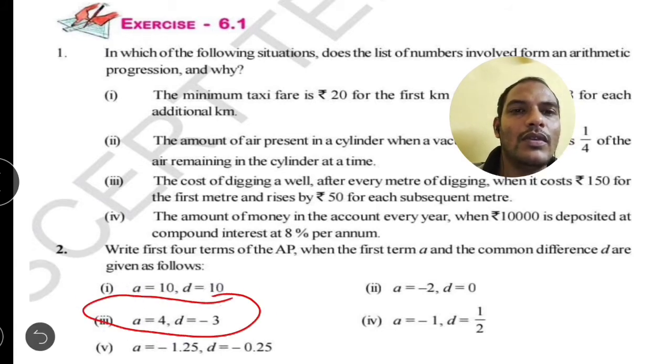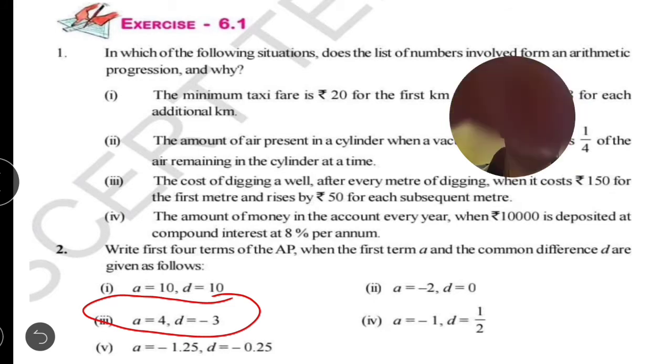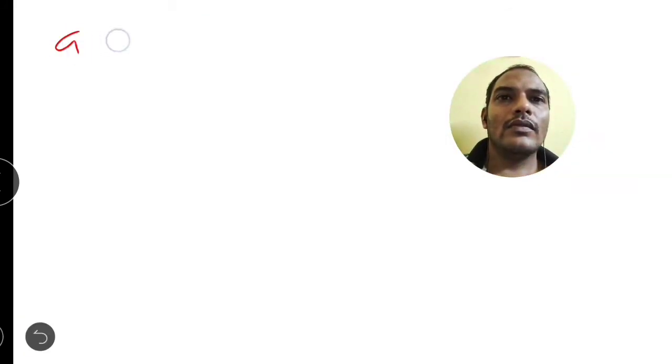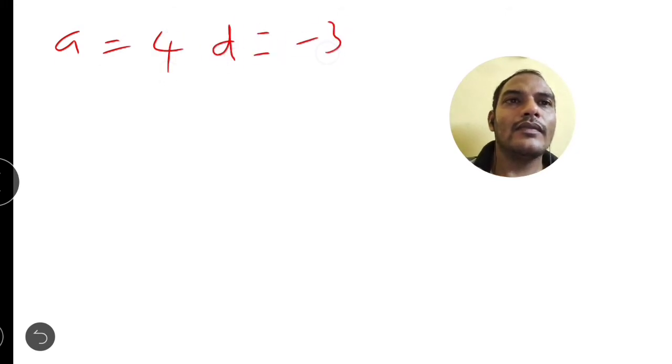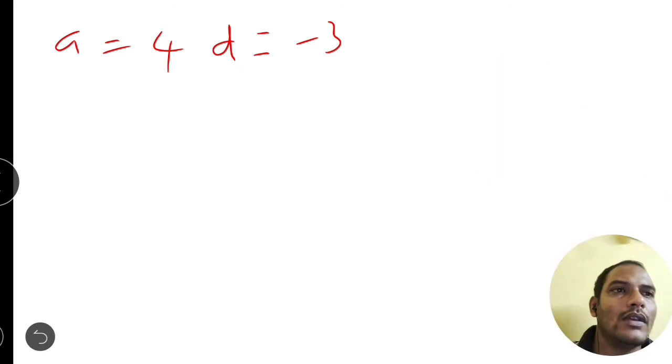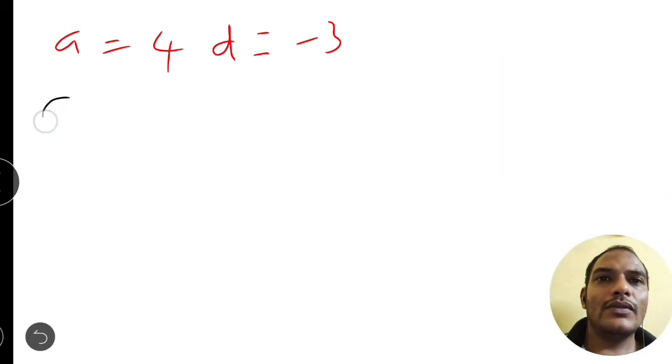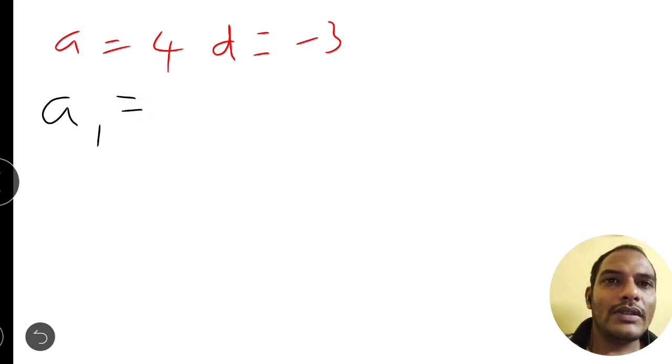A equals to 4, D equals to minus 3. So let us find out the first 4 terms. First term is A1. So we know very well the first term is denoting with A or A1.